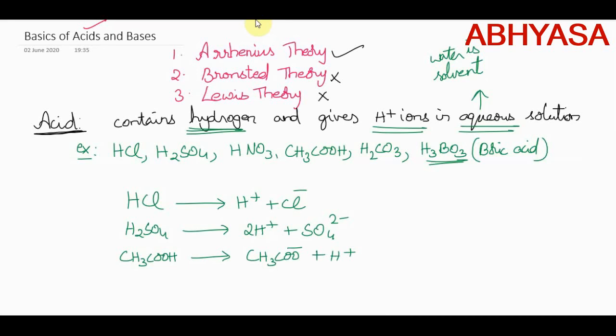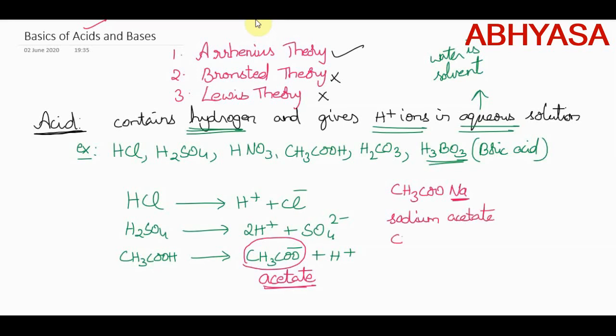Here remember the name of this one, CH3COO minus. This is called acetate. We come across this example in several chapters. For example, if I write CH3COONa, as sodium is present here, we call this compound sodium acetate, isn't it?